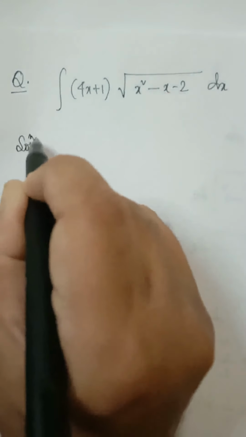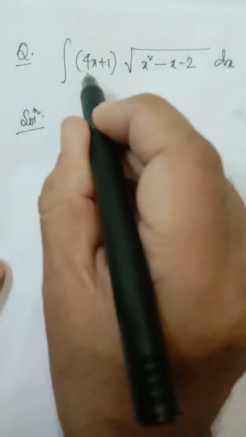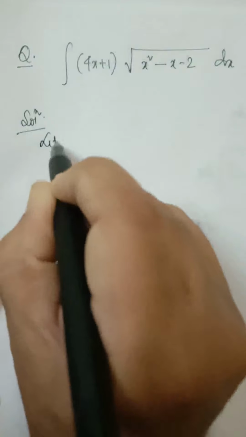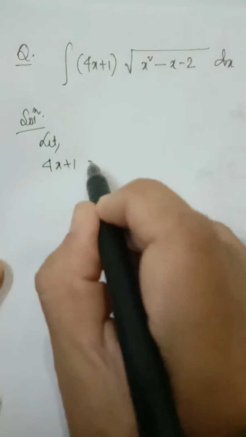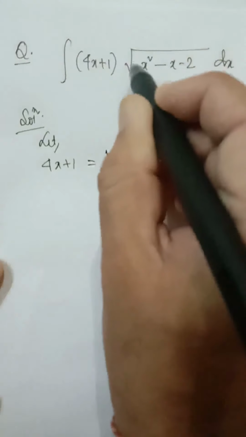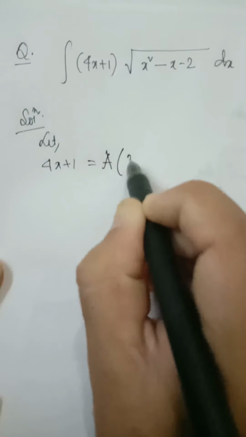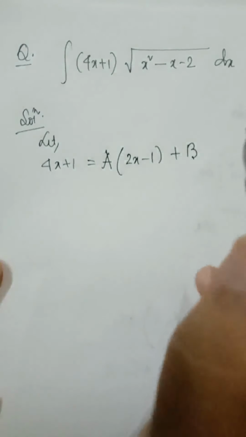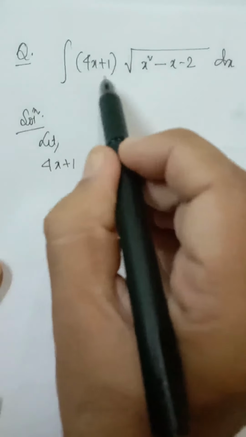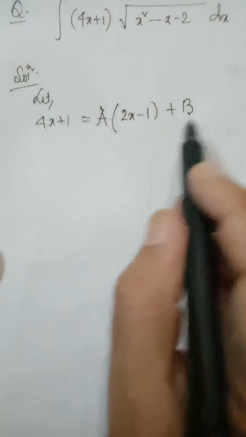Now to integrate such type of integral, what we do is we consider the px plus q part equal to a into the derivative of x square minus x minus 2, which is 2x minus 1, plus b. So we are trying to express this in the form a into derivative plus b. Now we'll find a and b.